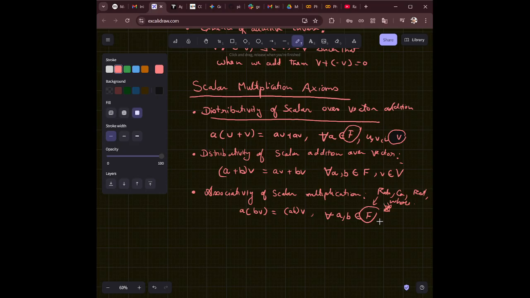Okay, and element vector v from the vector set V.